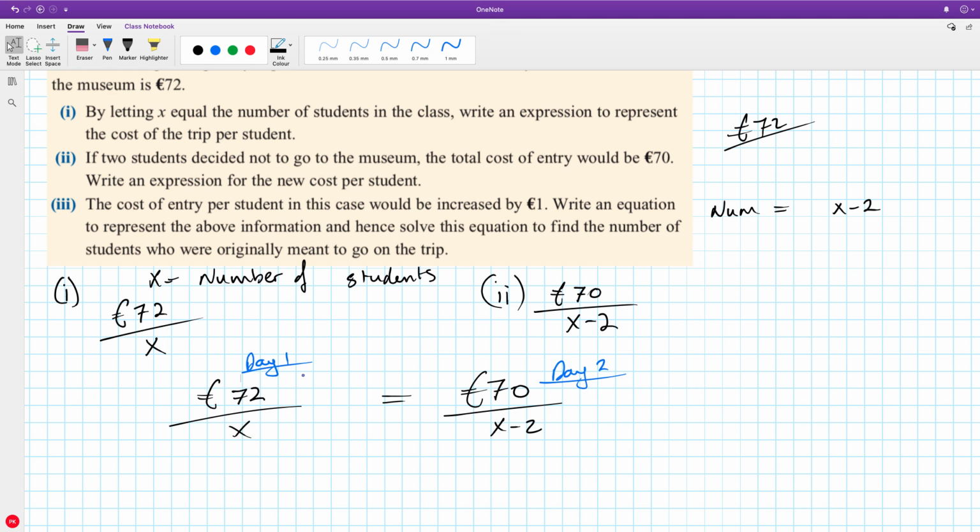This will be very hard to put in your head. What I like to do is make up numbers and put them in and see if it makes sense. So I'm going to say, if you went the first day, you paid €12. You went day 1, you paid €12. Alright? On day 2, how much did you pay?